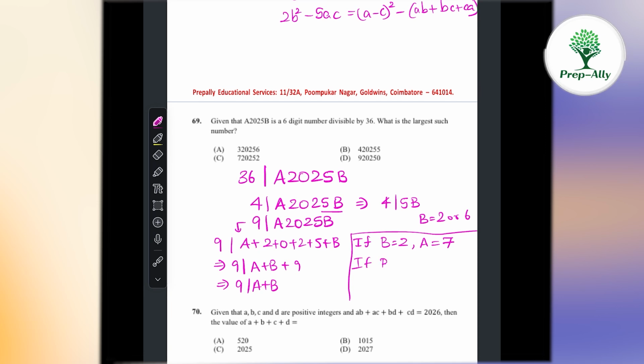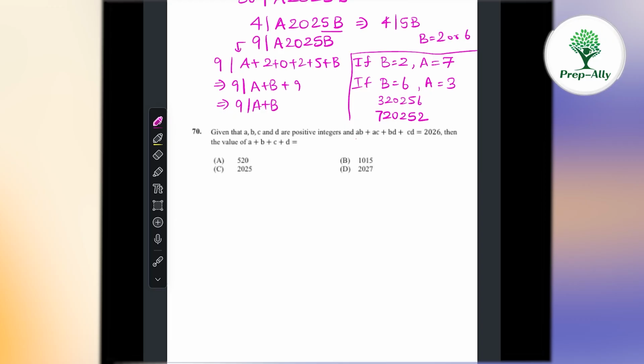If b equals 6, then a equals 3. So the two possible numbers in this form that are divisible by 36 are 320256 and 720252, and the bigger of the two is this one, 720252. So the answer to this question is option C.